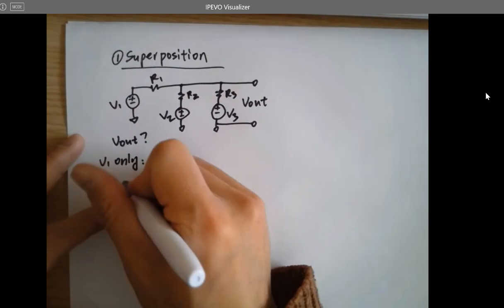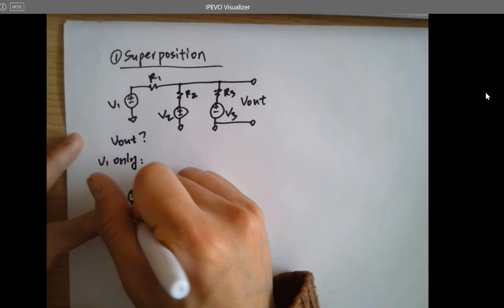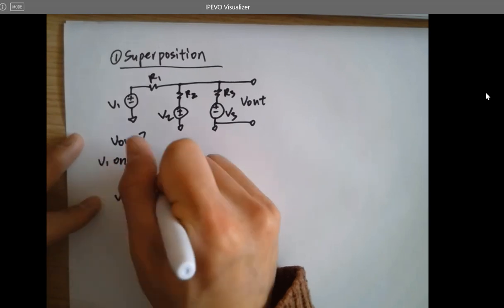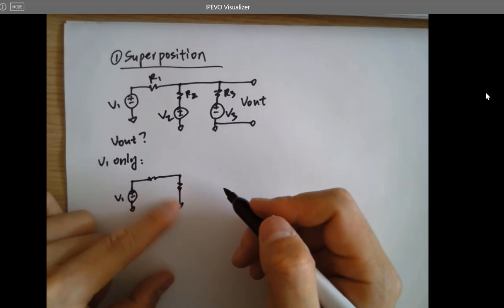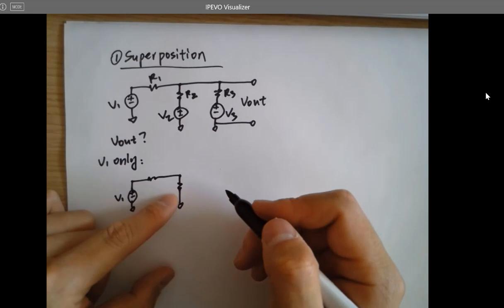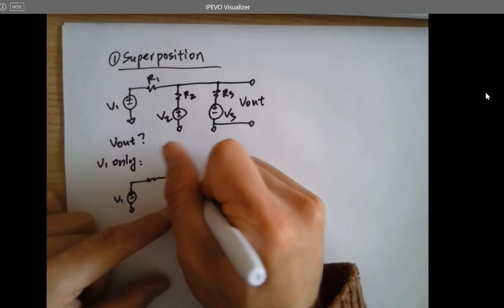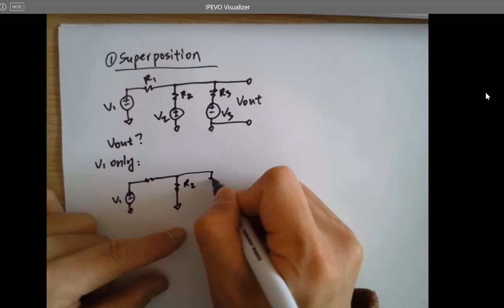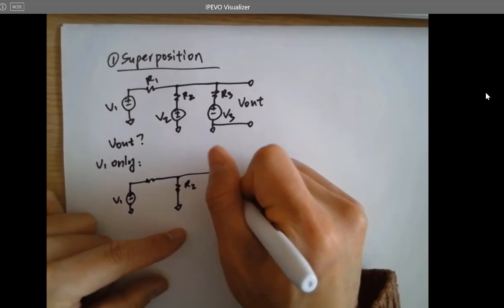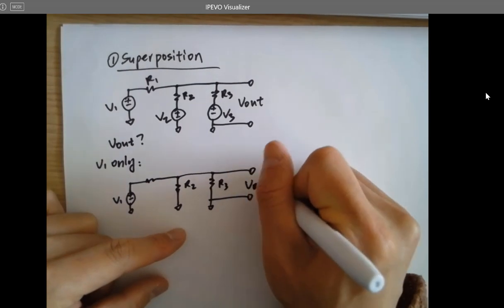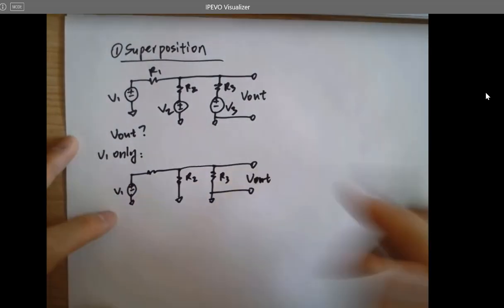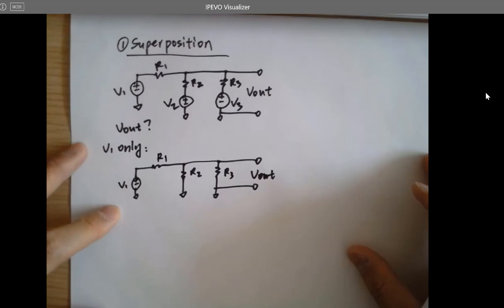So the circuit looks like V1 only, R1, R2. Short V2, so V2 is gone, only R2 is left here. And that's VL. That's R1. So what is VL?